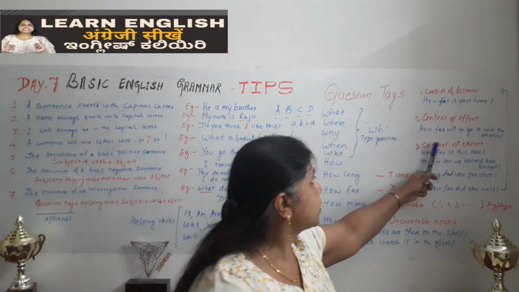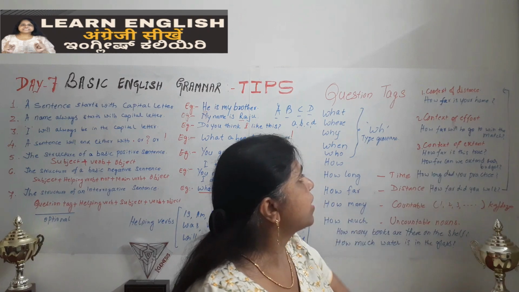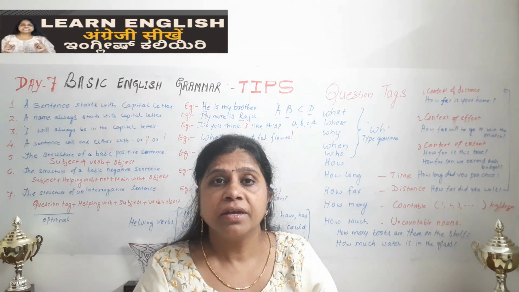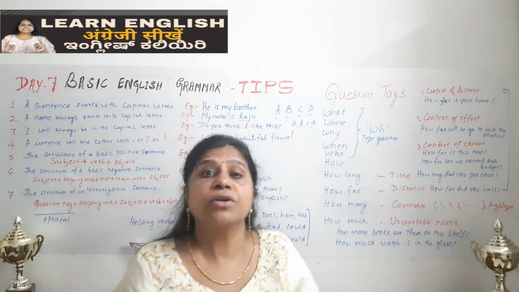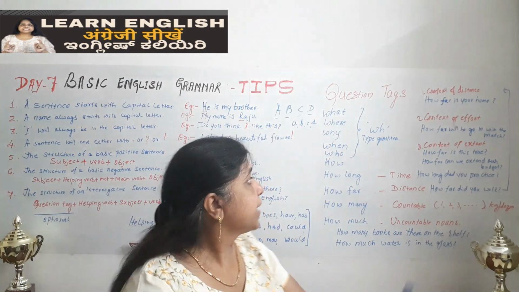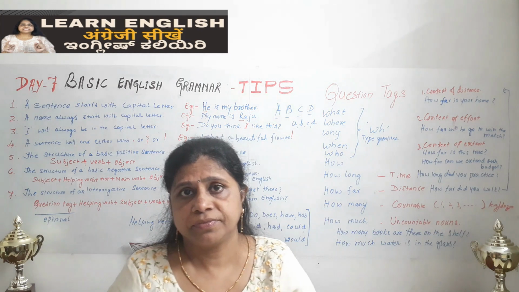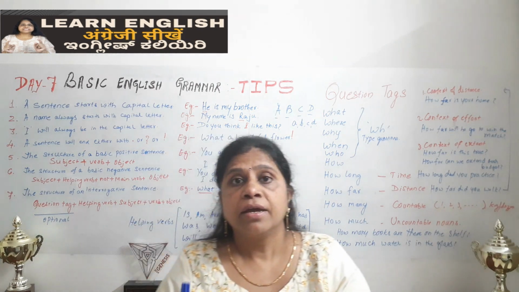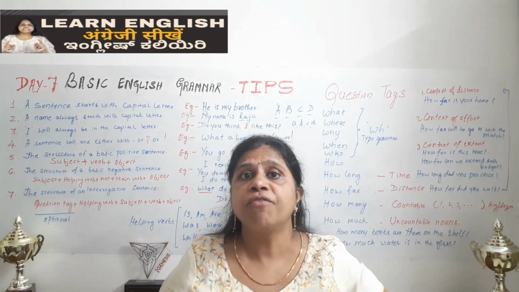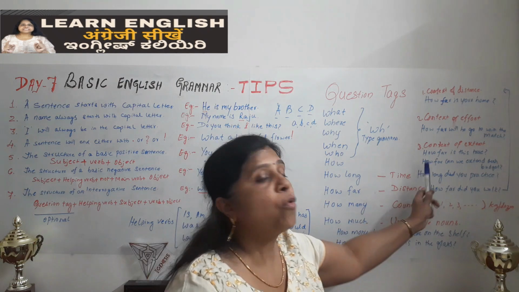And next is the context of extent. How far is this true? Whether it is true or not, how far it is true. That's the extent. And how far can we extend our budget? That is, the limit is so much, how far can we extend? For that also we use how far.